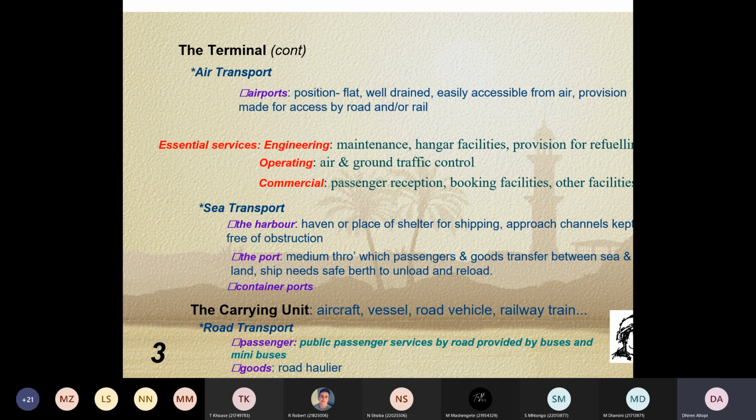With road transport, passengers are certainly the first priority, where you have your commuters, public passenger services. And very often, if you're looking at road, then in this case, provided by your buses and your minibus taxis here in South Africa. If you look at the public transport split.